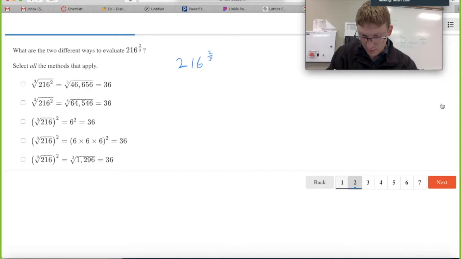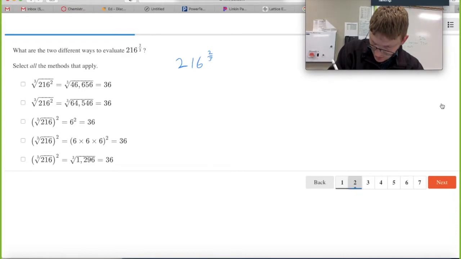We'll start with the bottom of the fraction first. So that's the same as the cube root of 216.